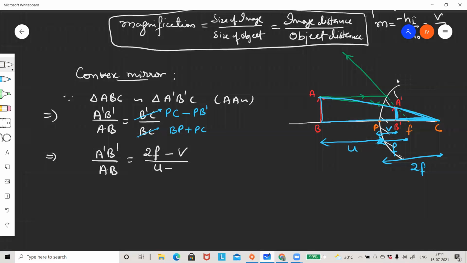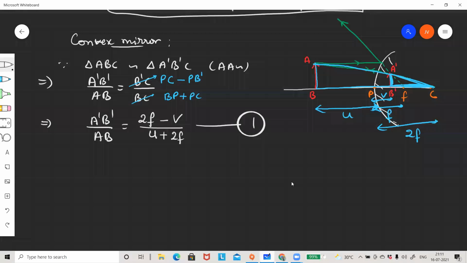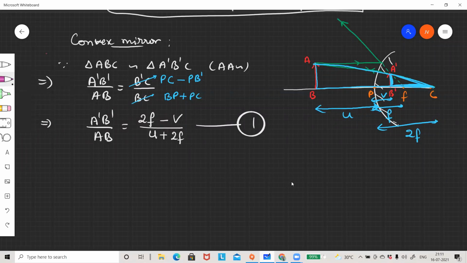BP is U plus PC, which is twice F. Okay, now I can't do anything to this. I'll leave this one. Then I want one more pair of triangles.